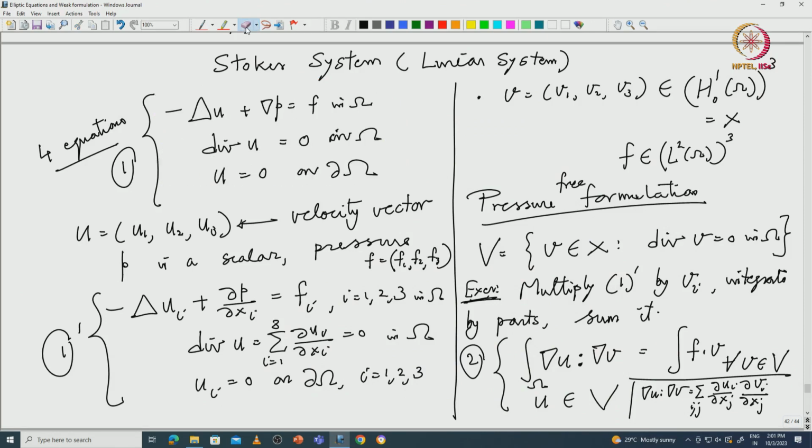And then the formulation was the weak formulation. You see the weak formulation. Okay. All right. And this is a pressure free formulation.